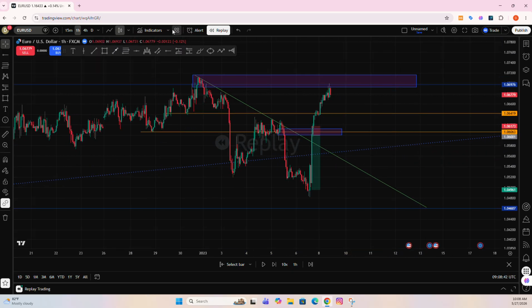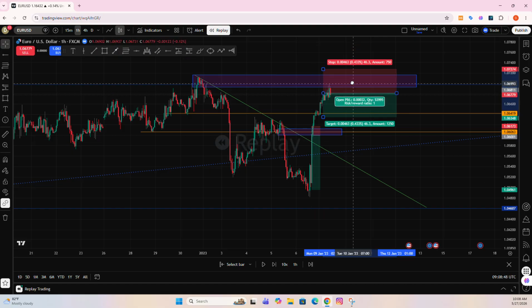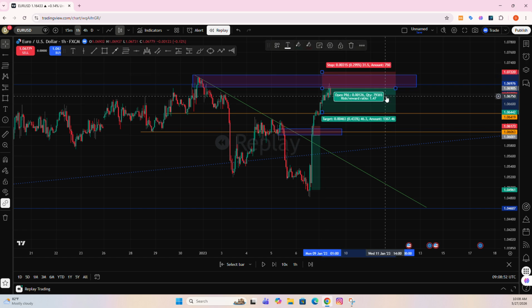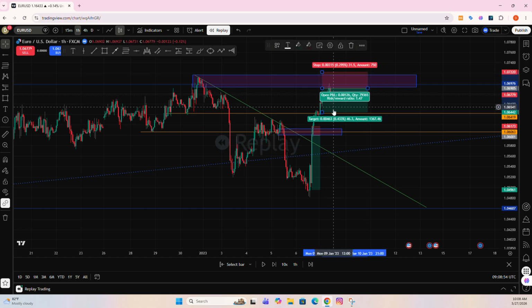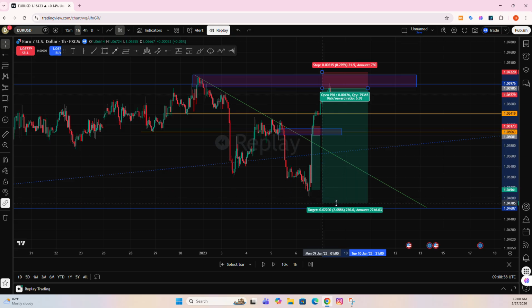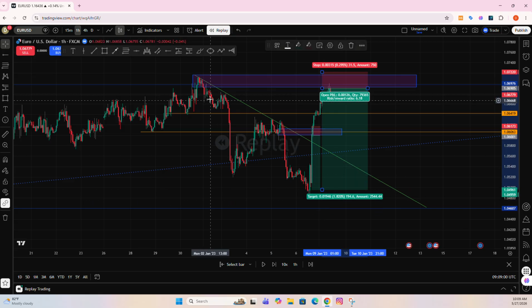It seems like I will stop using trend line, because it seems like this trend line doesn't hold value as I expect, unless trend line is your strategy. Because if you notice this trend line, this is first touch, second touch, this is third touch.